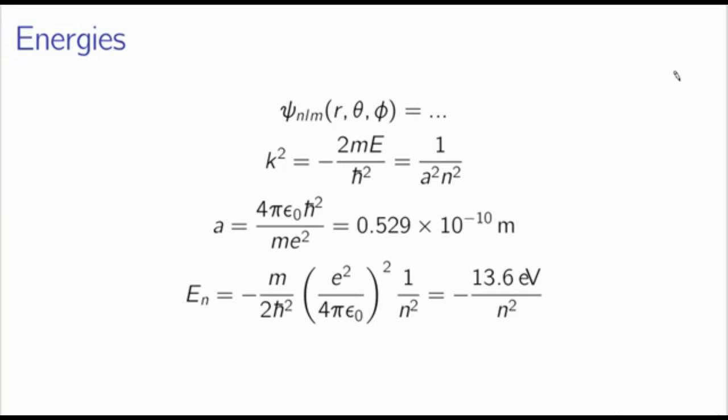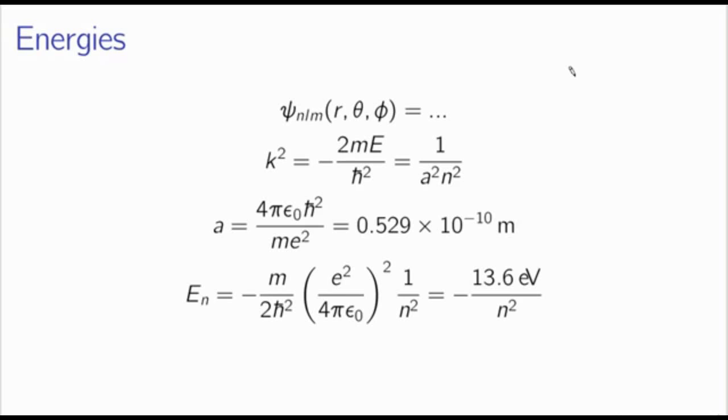Our discussion of the time-independent Schrodinger equation in 3D, separated in spherical coordinates as appropriate for the spherically symmetric potential of a charged particle orbiting a nucleus, gave us psi with 3 quantum numbers n, l, and m. I'm not going to reproduce the long, complicated expression for what these are, but you know the radial part is given by the associated Laguerre polynomials, and the angular part is given by the spherical harmonics.